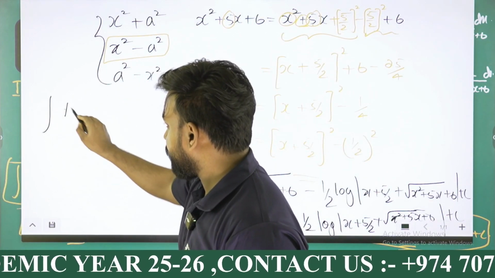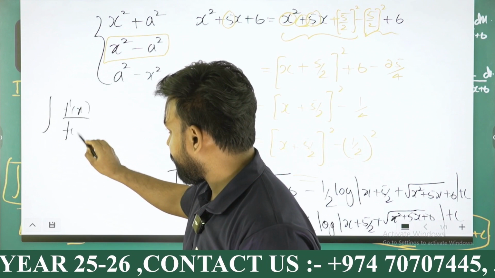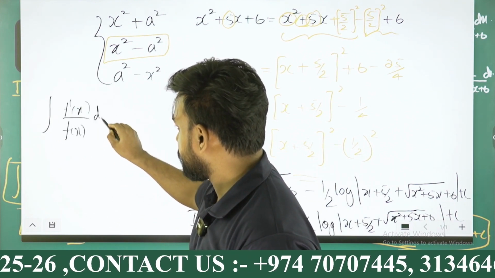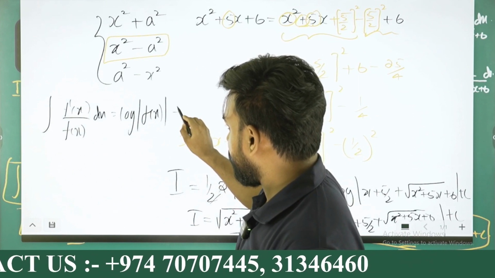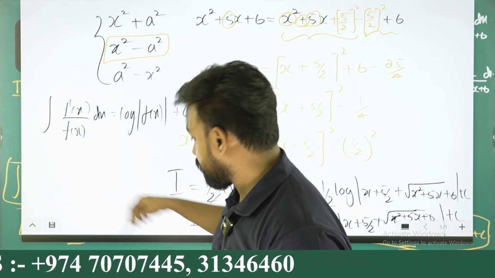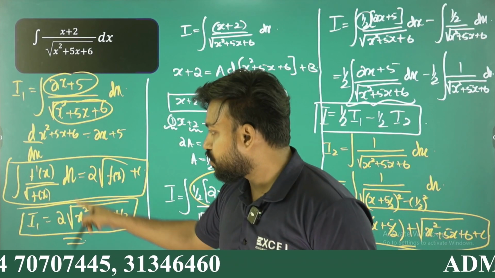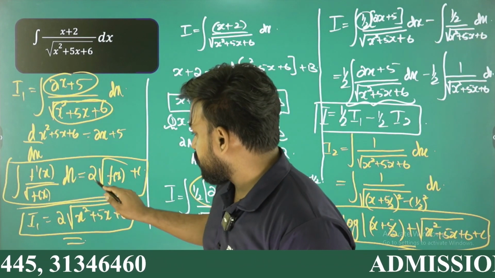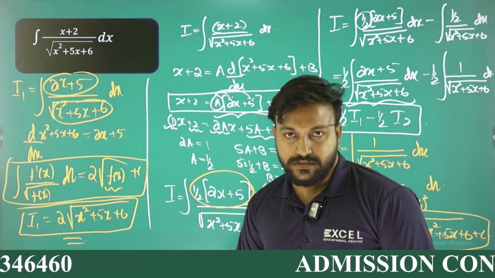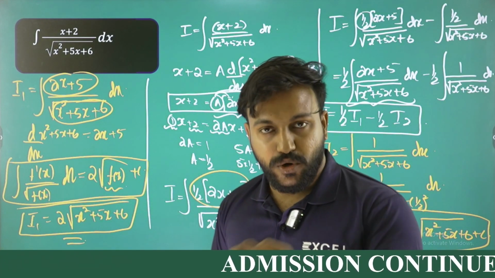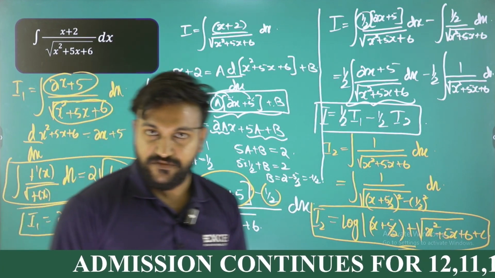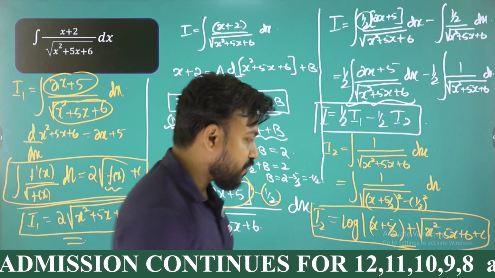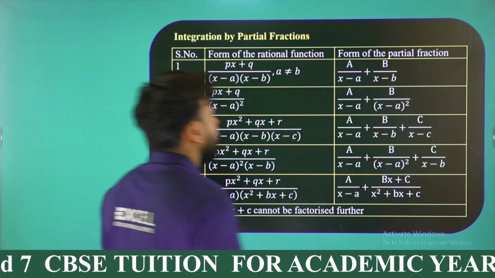Integral of f dash of x by f of x dx is equal to log mod f of x, if there is no root at the denominator. If there is root at the denominator, it is 2 root of the polynomial at the denominator. So this is how we approach variation from 3 plus 3. Okay, we can go for the next.